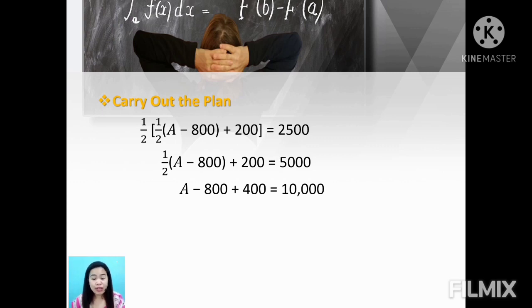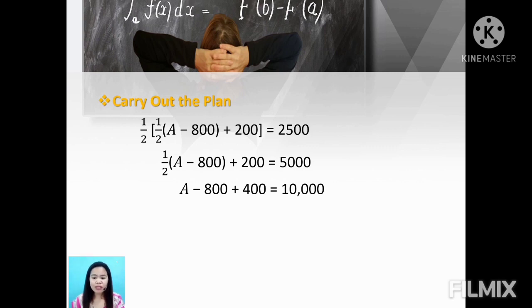2 times 200 is 400. Then, 2 times 1/2 times A minus 800, the 2 is divided, so 2 divided by 2 is 1. Thus we have A minus 800 plus 400 equals 10,000. After that, we combine like terms.